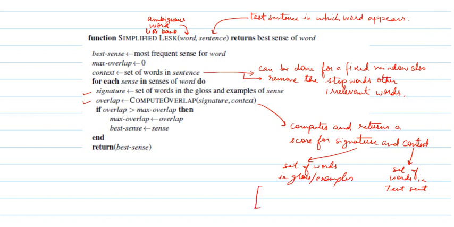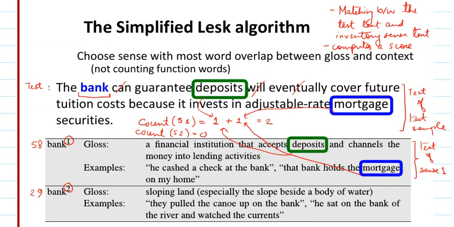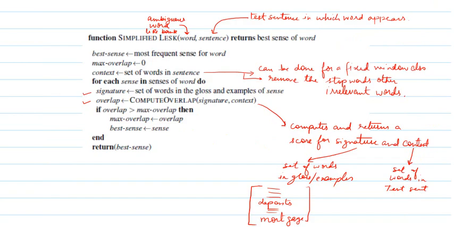This is the list here. So we have this list, we have deposits, and we have mortgage. We have these two words in common, the deposits and the mortgage, and this is also having the deposits and mortgage.